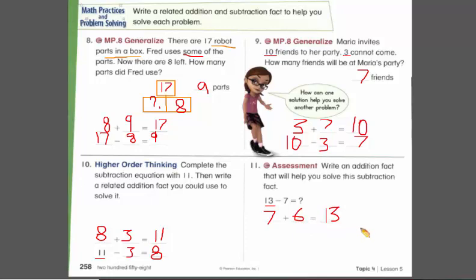We finished. Please do your homework. It's an easy lesson. Just remember one rule. In the subtraction equation, we start with the whole, which is the sum in the addition equation. After the equal sign, in the subtraction equation, the whole minus one part equals the other part.